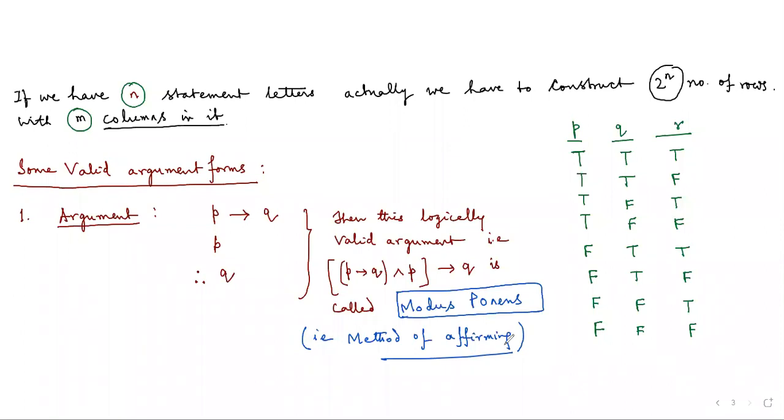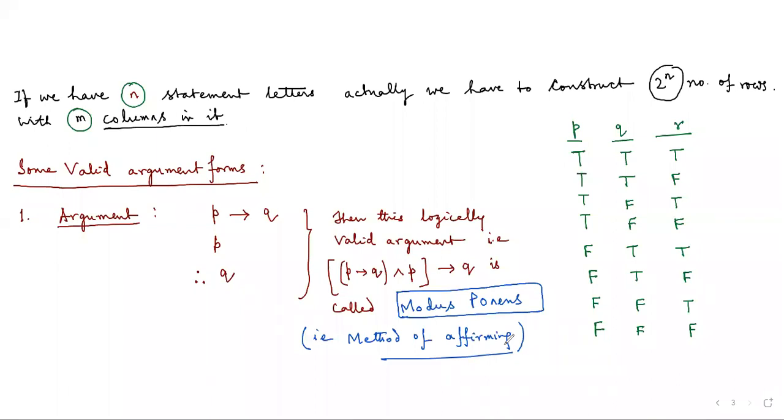Just like this argument 1, there are several other arguments which should be memorized when we deal with a larger set of problems, with a larger set of arguments. We have to find out whether modus ponens is hidden in this set of arguments. If it is hidden, we have to extract it, or find the other arguments, which I'm going to write in the next session of today's class, from a big set of arguments.